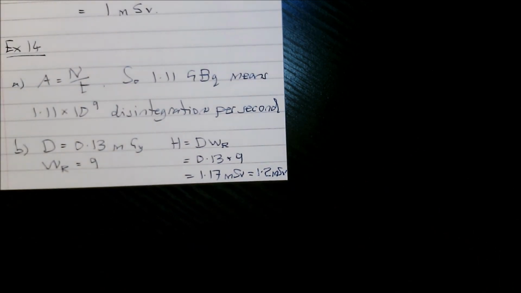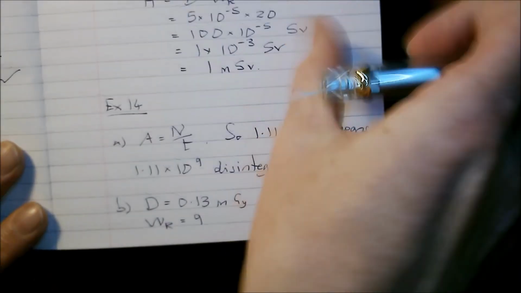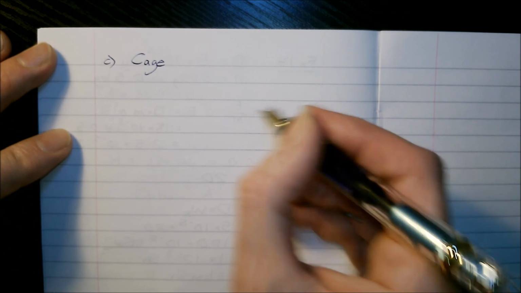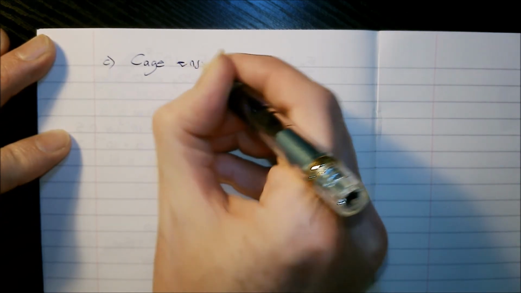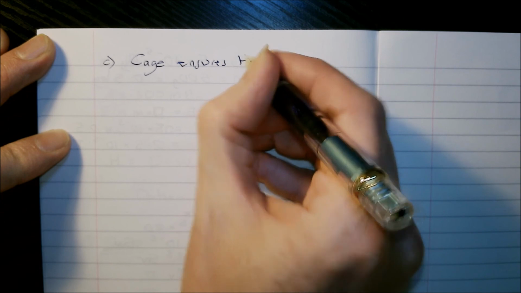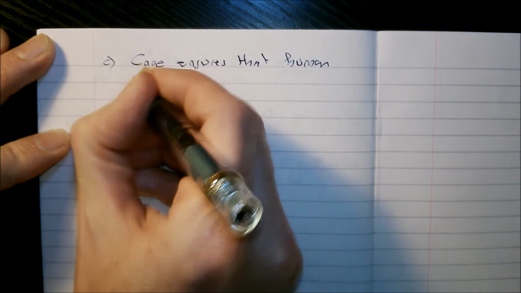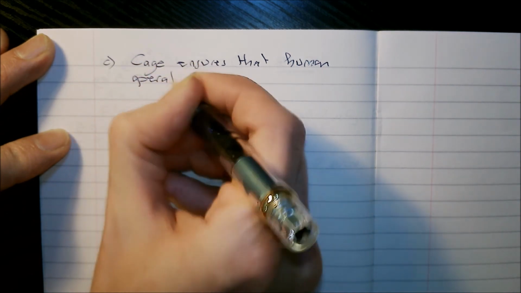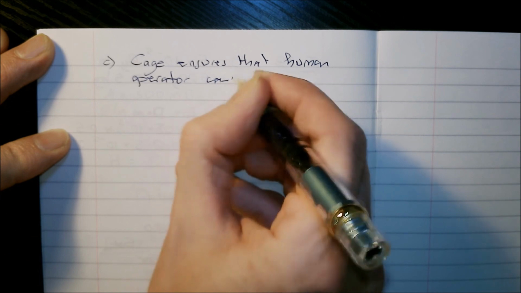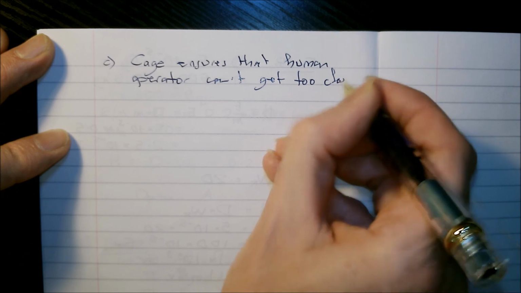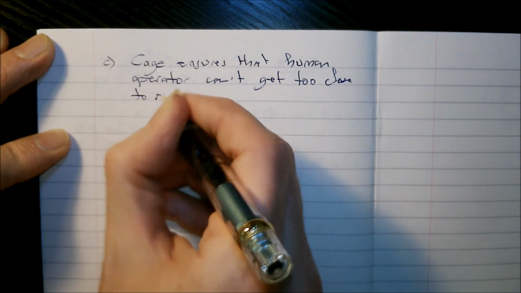Last part, C, asks what is the purpose of the cage. So the purpose of the cage ensures that the human operator can't get too close to the radioactive source.